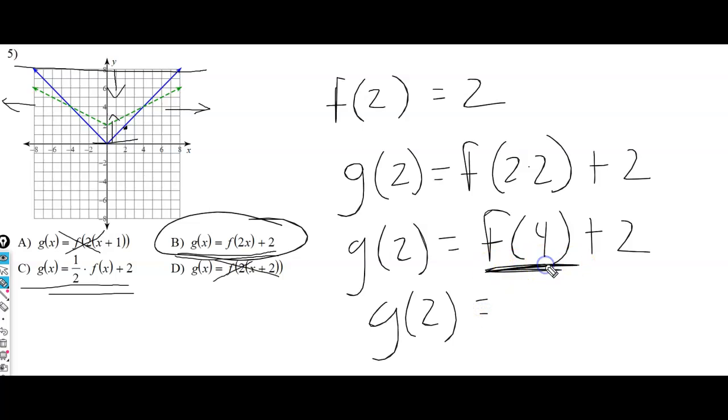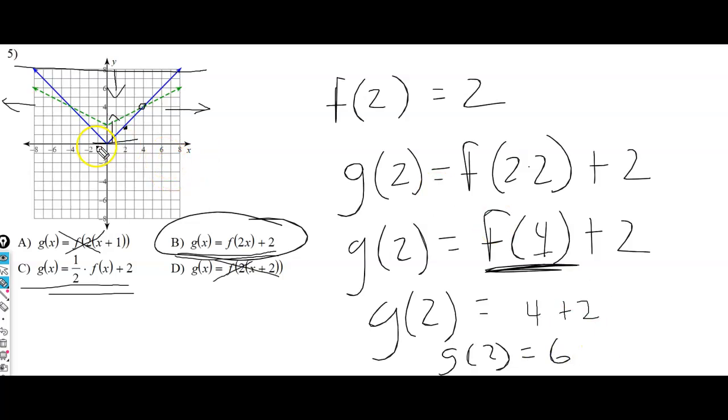Now I need to figure out what is f of 4. In other words, if you have on your blue line the original function f of x equals 4, what's the y value? Well, let's look at our blue line. Let's go over where x equals 4 and look at your y value there. What's the y value for that point where x equals 4 on the blue line? Well, the y value is 4. Right? So that means that g of 2 would have to equal 6.